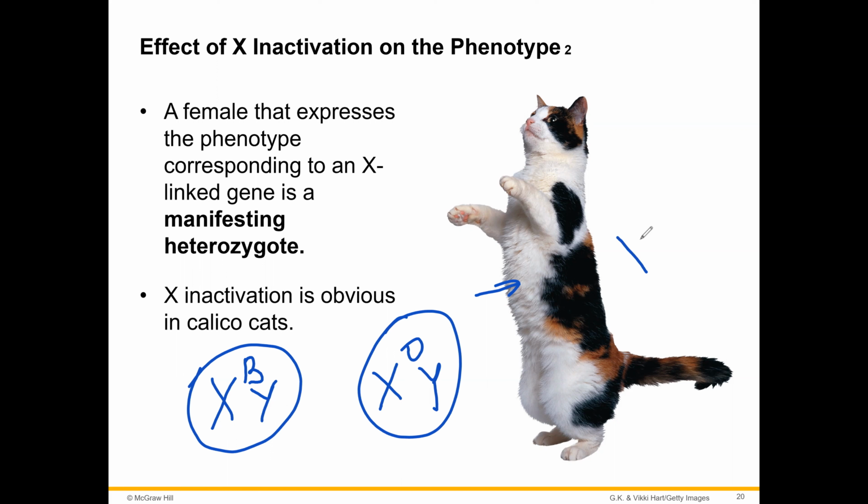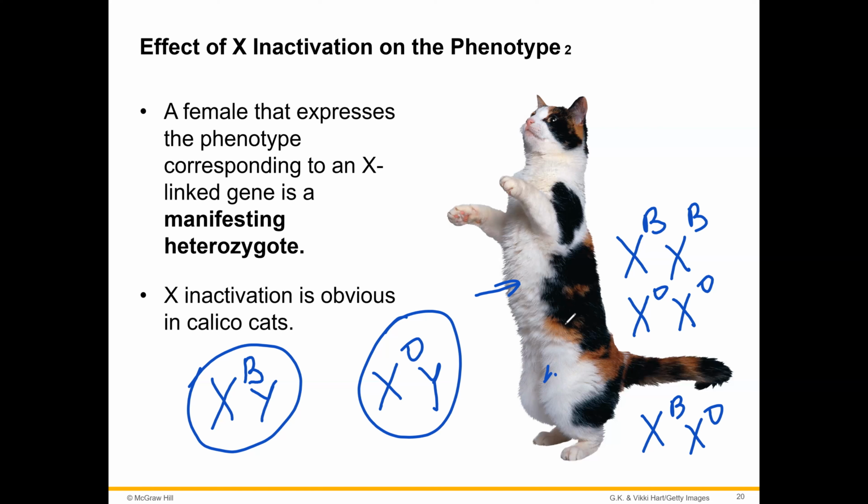In female cats, a female cat like this is going to be black, a female cat like this is going to be orange, but it also can be a female cat that looks like this, and this cat will have both black and orange patches. The white is a different type of inheritance. Both males and females can be white and black or white and orange, but only females can be three colors: white, black, and orange.